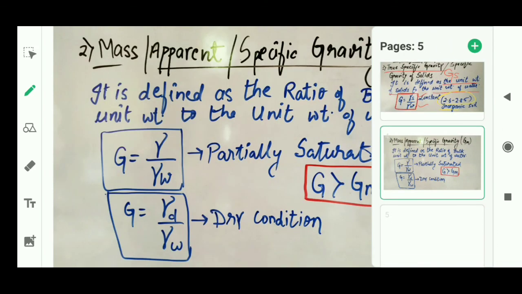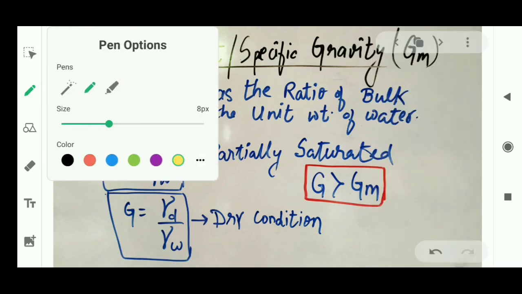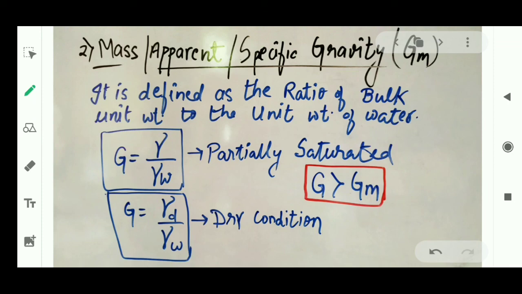Here we go next, the mass or apparent specific gravity. Whenever I am talking about mass or apparent specific gravity, it is denoted by GM, right? It is defined as the ratio of bulk unit weight to the unit weight of water, right?